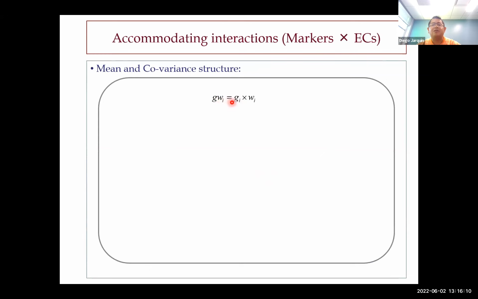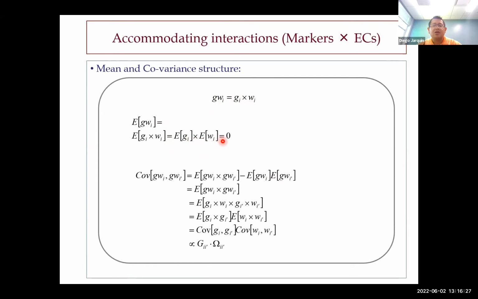GW sub i is equal to the product between G sub i times W sub i. The expected value is easy because, as we saw before, these two components are independent, and the expected value of each one of them is equal to 0, so the expected value of the product is 0. The covariance between the elements GW sub i and GW sub i prime is equal to the expected value of GW sub i times GW sub i prime minus the expected value of GW sub i by the expected value of GW sub i prime.